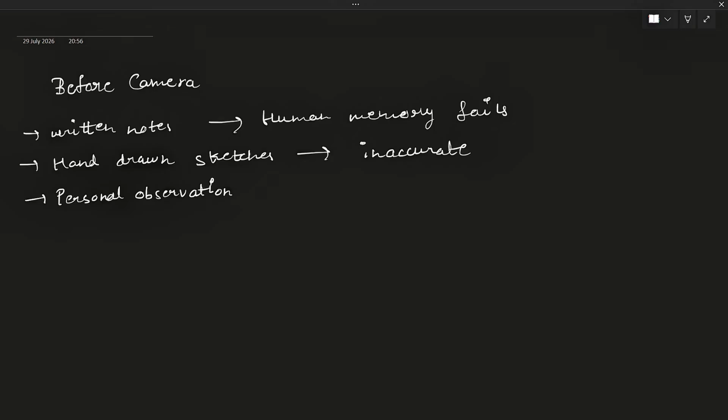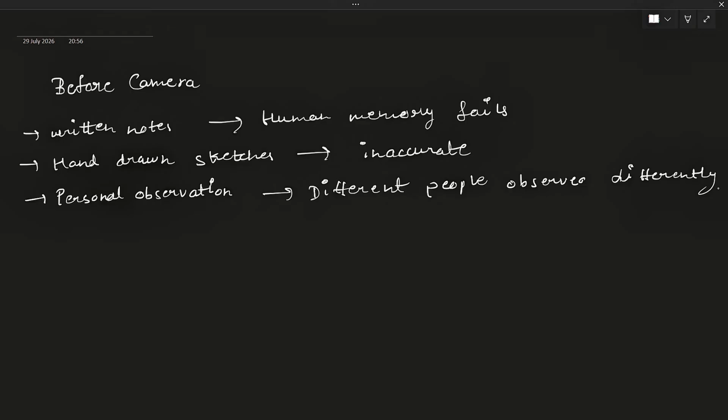Okay, here the drawback is different people observe differently. So this is the first idea you should understand.